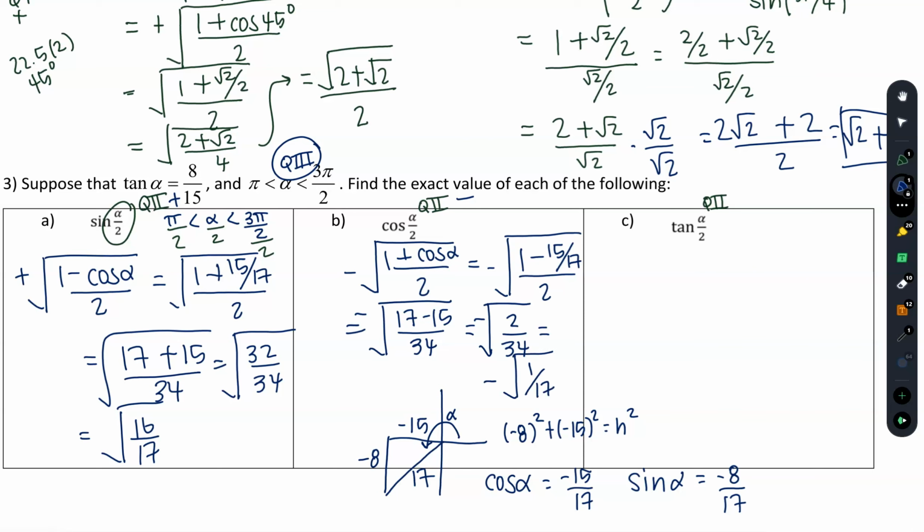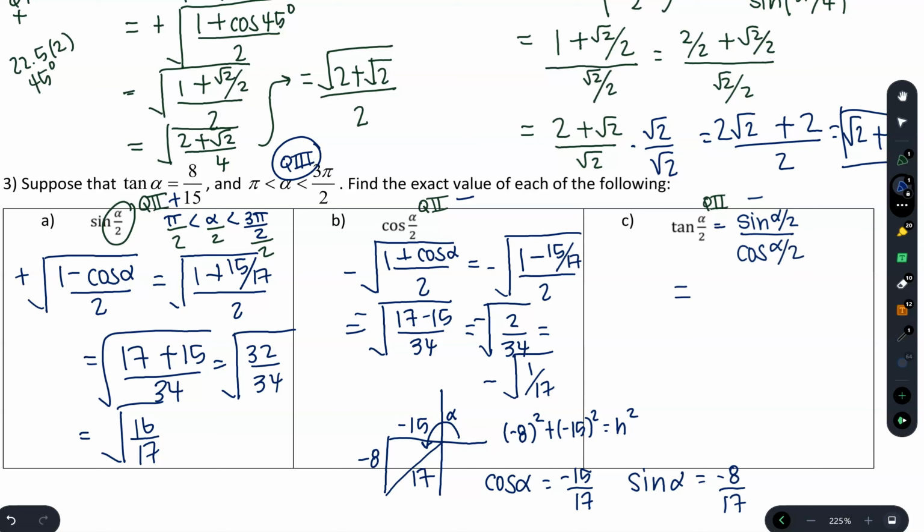Okay, and I asked you now to find tangent of alpha over 2. Tangent is going to be negative here, right? But I asked you to find sine of alpha over 2 and cosine of alpha over 2. Tangent is also, remember, the ratio of sine of alpha over 2 divided by cosine of alpha over 2.